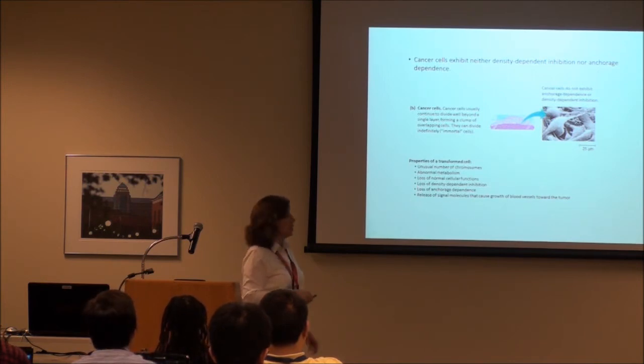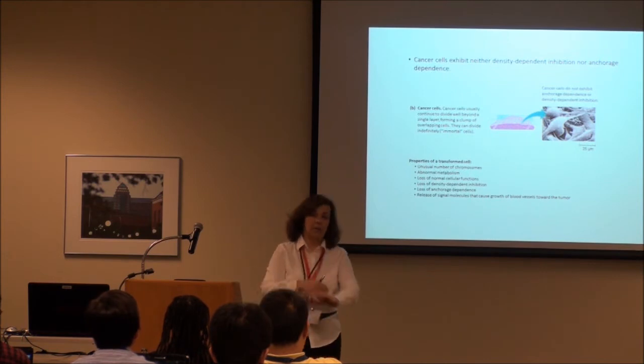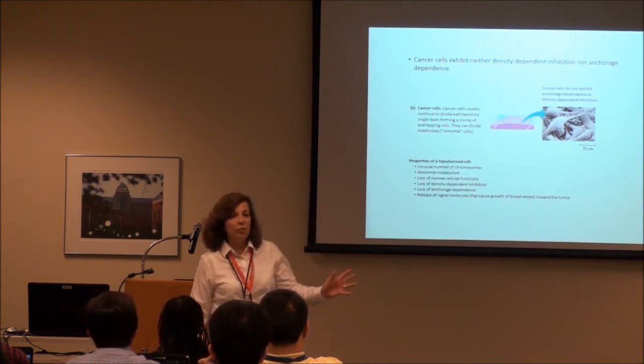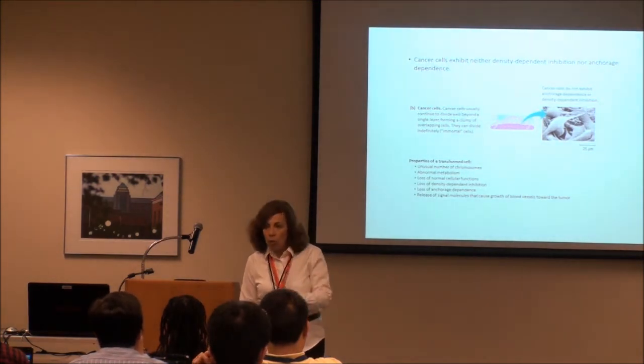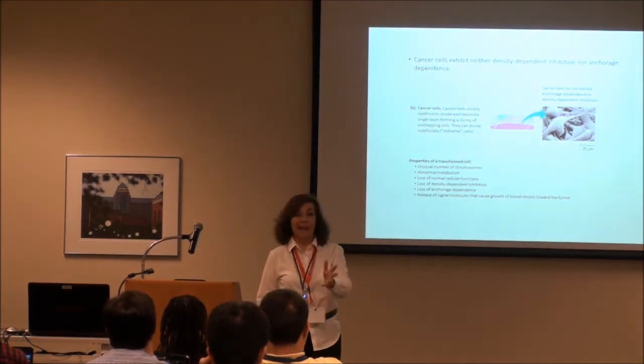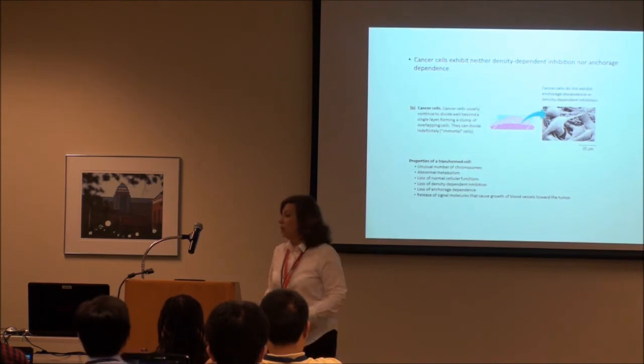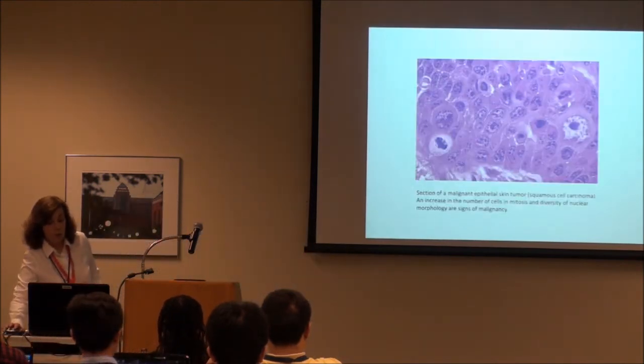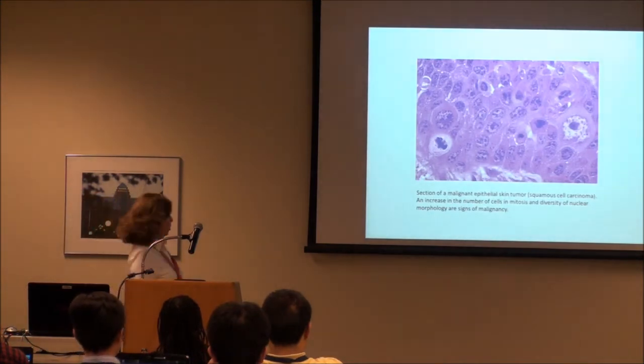And actually, we'll see that they're totally independent. They don't care about anything. They're self-sufficient. They're selfish. And their only goal in life is to divide. So those are your cells that are losing the control over the division.